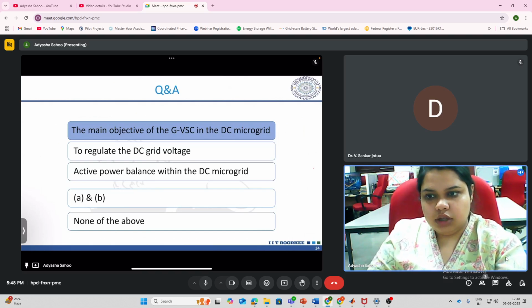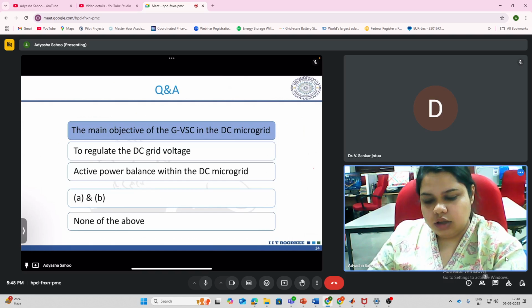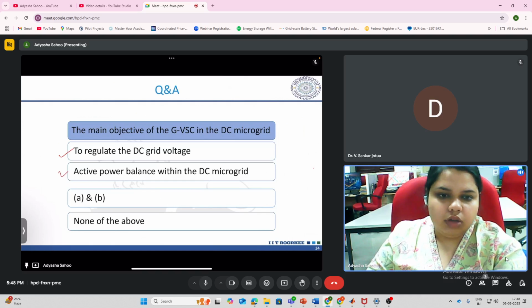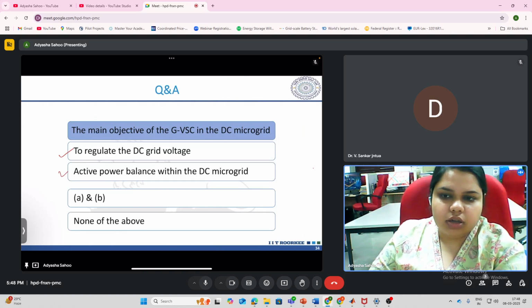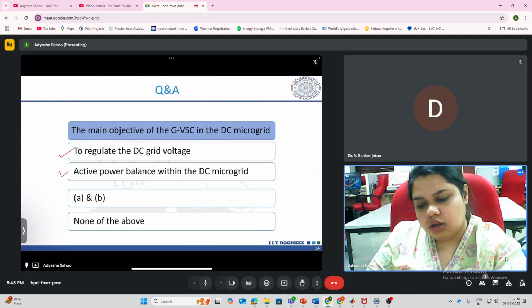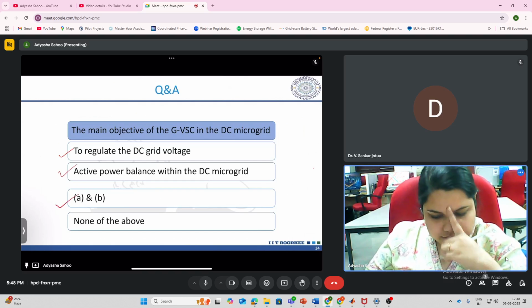It is both, right? It regulates the DC voltage and it is also responsible for the active power balance, because the voltage and the active power balance are closely related in the DC microgrid. So it is both A and B.